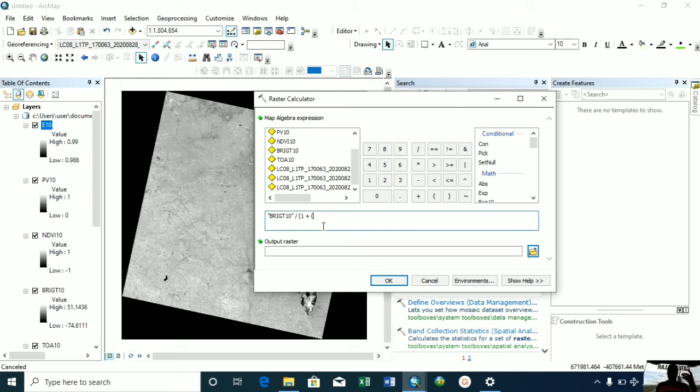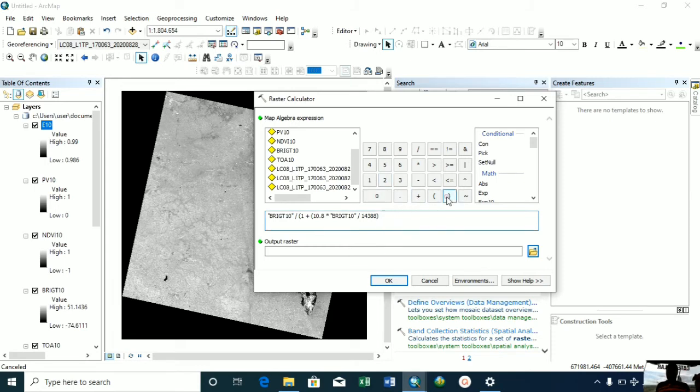It is the wavelength of band number 10, it is constant, it is 10.8. You have to understand this, 10.8 times, and then brightness temperature again divided by C2. This is constant, but its value is 14388.